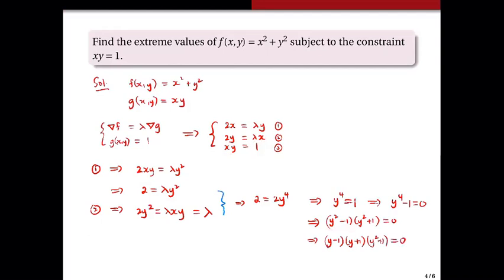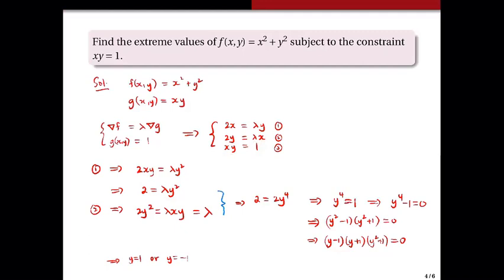Now we have two possible values for y: either y equals 1 or y equals negative 1.